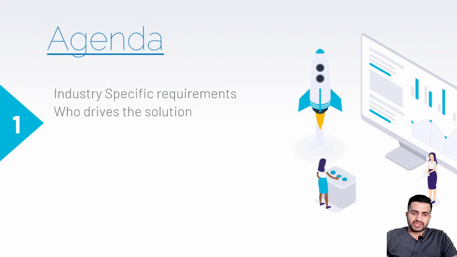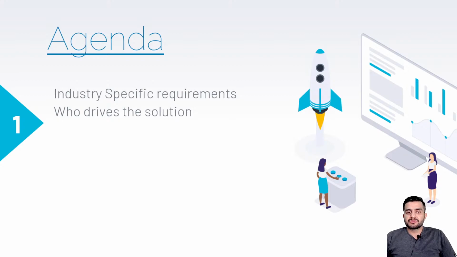Once we have understood the problem statement, we'll go deep into each industry and find out the potential solutions and exactly who will be the person driving those solutions. But let's first logically understand what industry specific requirements mean.